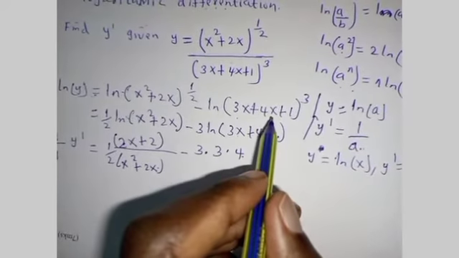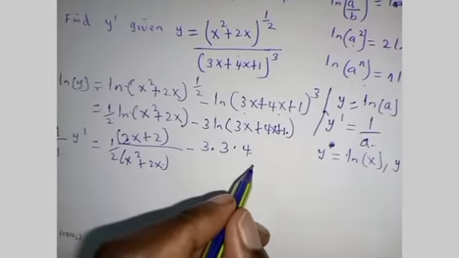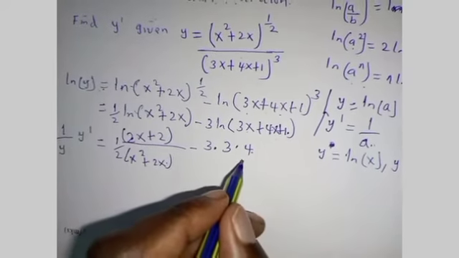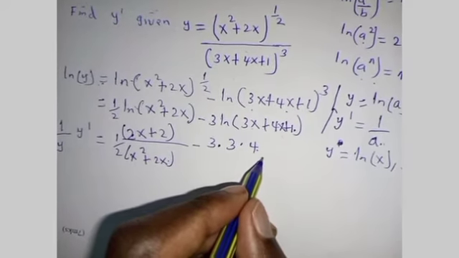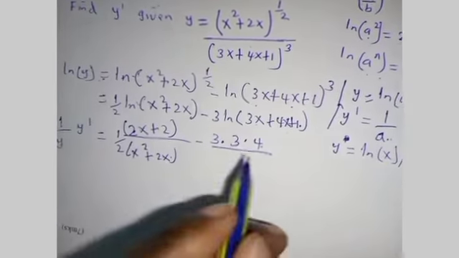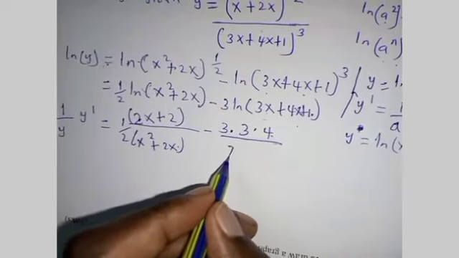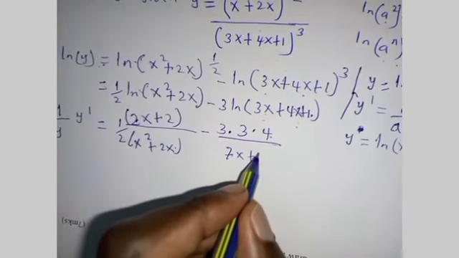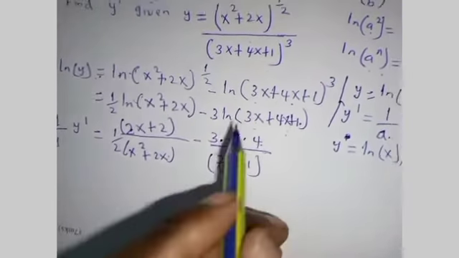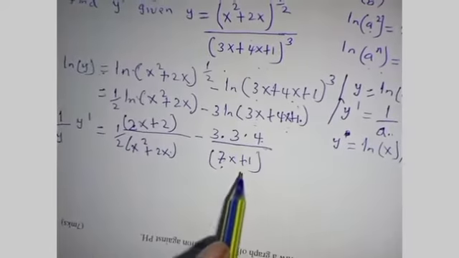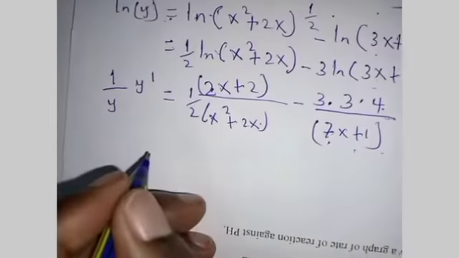This is 3x, 4x. Then we divide by, note that this can be written as 7x, so divide by 7x plus 1. This is 3x plus 4, so it can be combined that way.